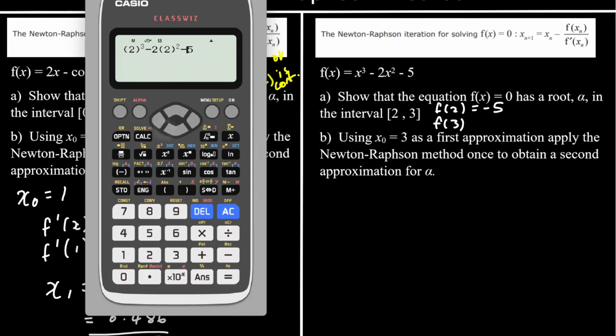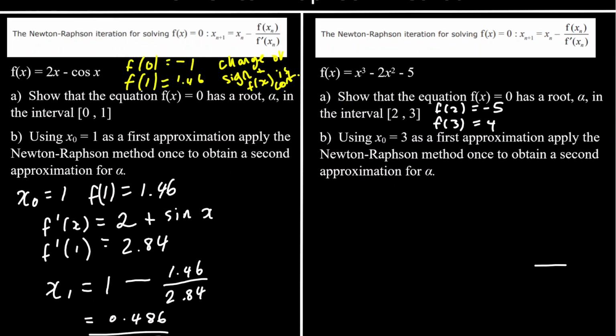For 3, we get a positive 4. So again, we have the change of sign, and it's a continuous function. Therefore, we have a root in the interval 2 to 3.